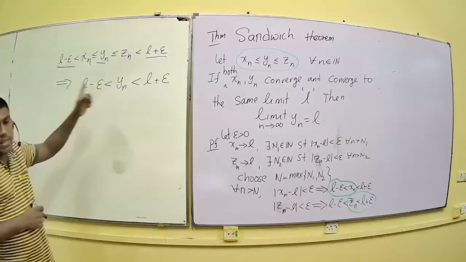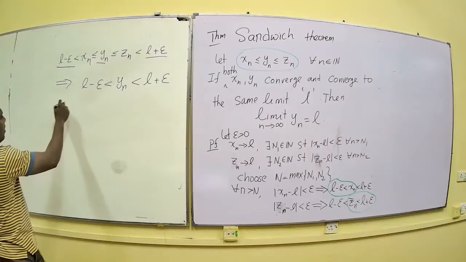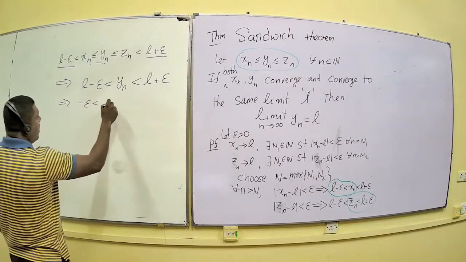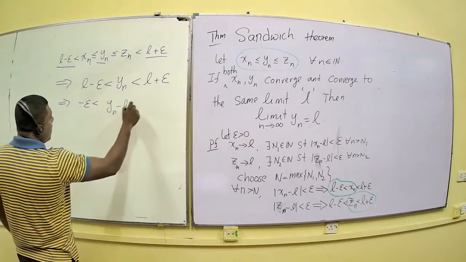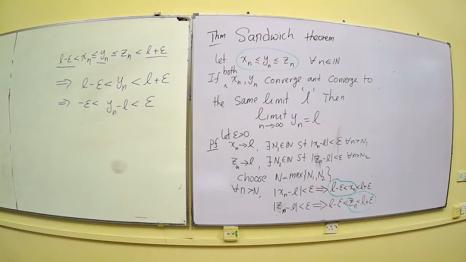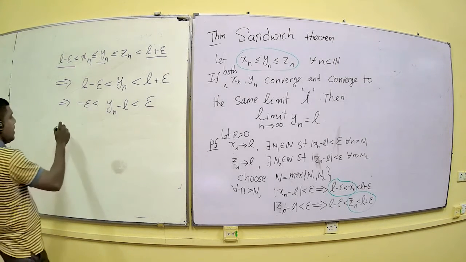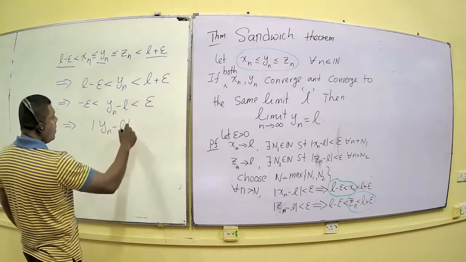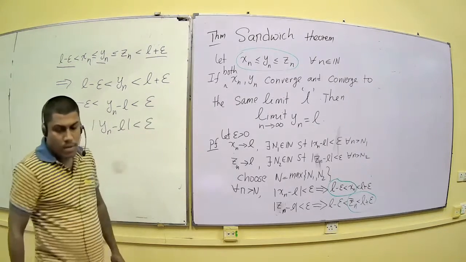If you interpret this, subtract L from both sides, you get minus epsilon less than yn minus L less than epsilon. So this is basically the absolute value of yn minus L is less than epsilon.